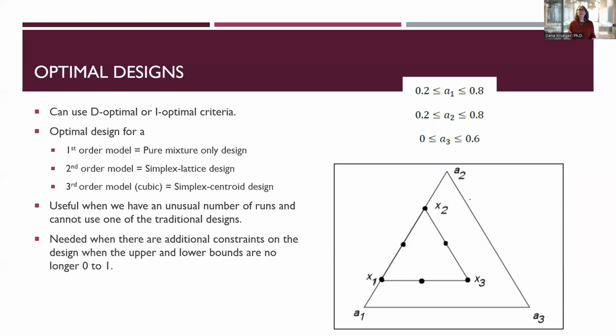Let's say for one reason or another, one of our ingredients, we can only use these amounts. It can only be between 0.2 and 0.8. Same thing for this second one. And this one can be between 0 and 0.6. So for this example, we are not going to be interested in anything outside of this smaller circle here.